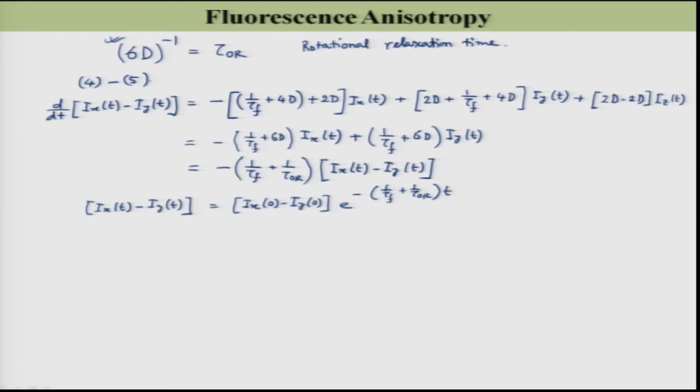So, for this 4 and 5 I got this type of equation. From 4 and 6 I will get this type of equation after doing all these steps. I_x(t) minus I_z(t) will be equal to (I_x(0) minus I_z(0)) e to the power minus (1/τ_f + 1/τ_r) t. So, from here I got what is this I_y(t), see here.